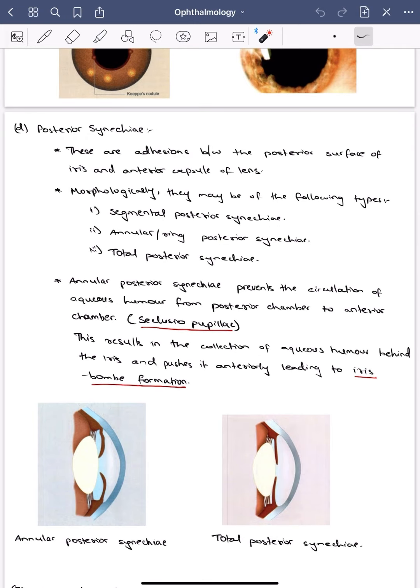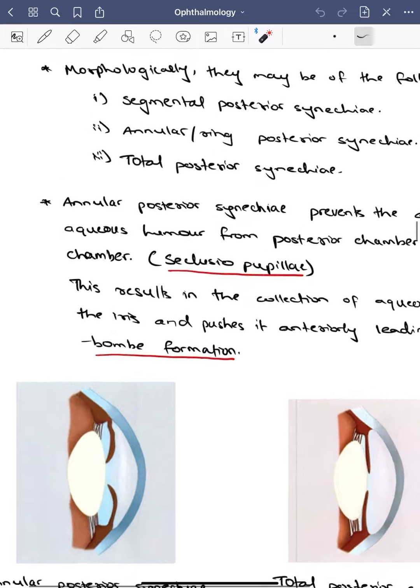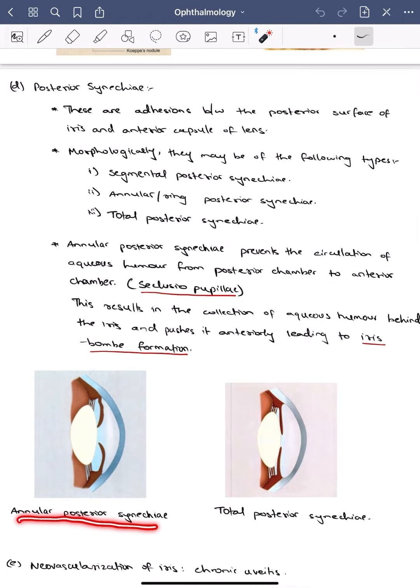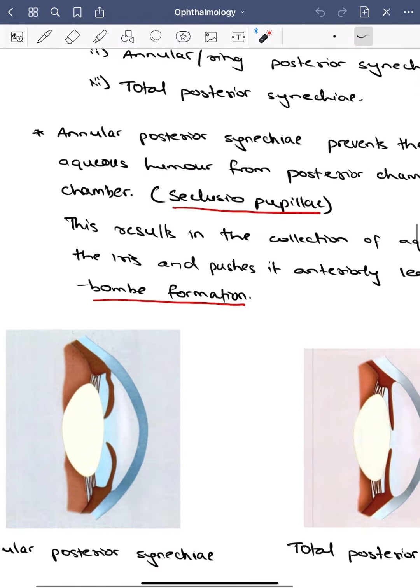Now let us go back to the anterior chamber depth signs. In annular or ring posterior synechiae, what happens is there is a blockage of the aqueous flow. Aqueous humor is produced from the ciliary body and it flows like this.